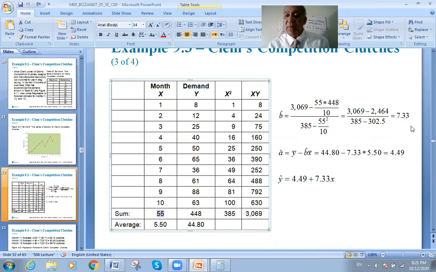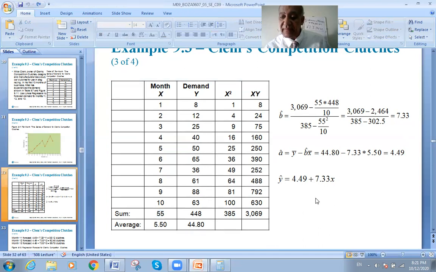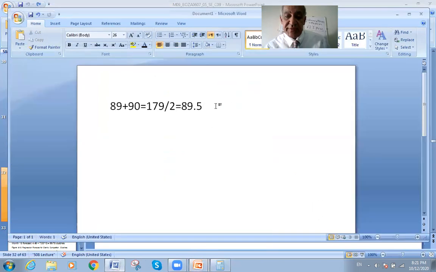Okay, I also want A, because I need A and B. A equals y dash, and y dash is the average of column y. Let me write it down here.